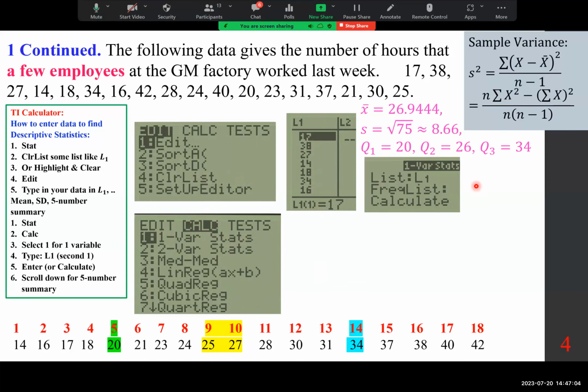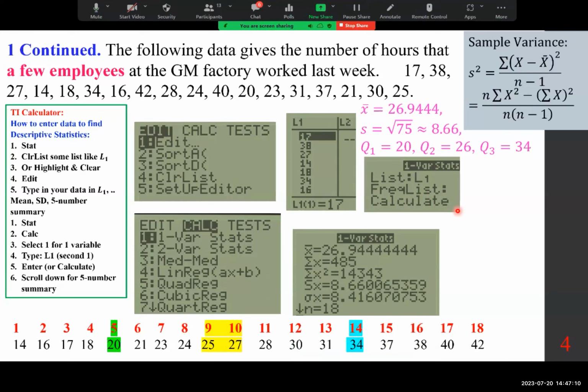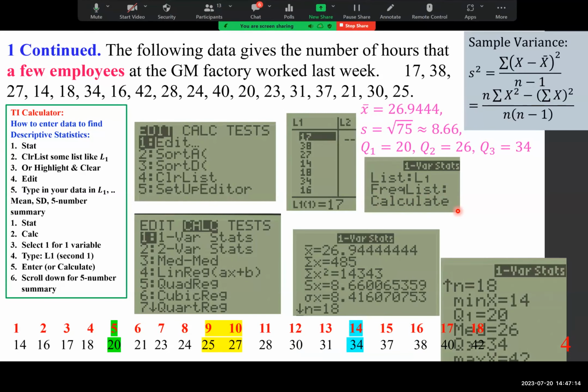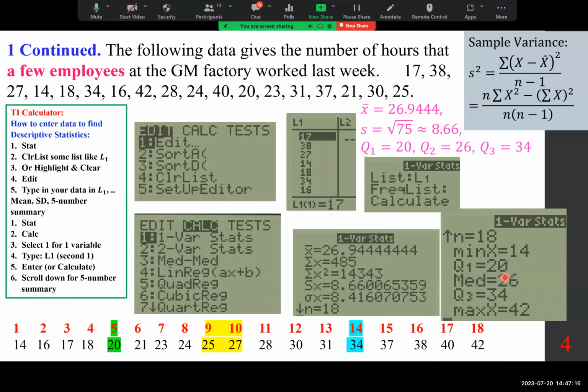List is L1, and you don't touch the rest of them. You just click on calculate, and it will calculate the information for you. And you just scroll down. There are a couple of screens, and notice, this is the X bar that we've calculated by hand.